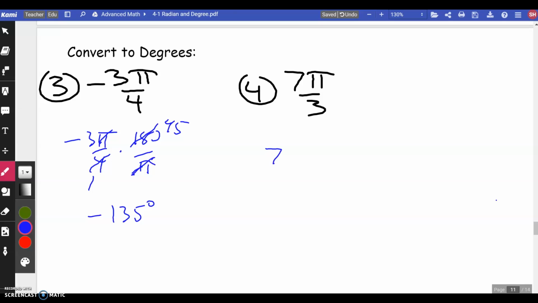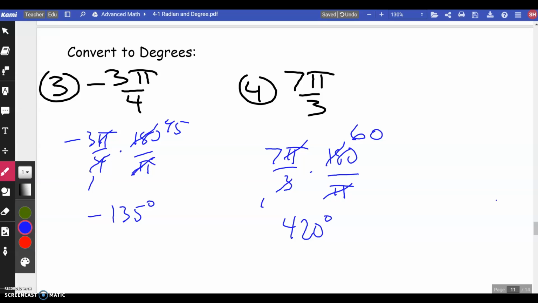Okay. 7 pi over 3 times 180 over pi. Cancel, cancel. 3 into 3 once, 3 into 180, 60. So then we get 7 times 60, or 420 degrees. So my point there is we can get negatives, we can get things bigger than 360, all of that.